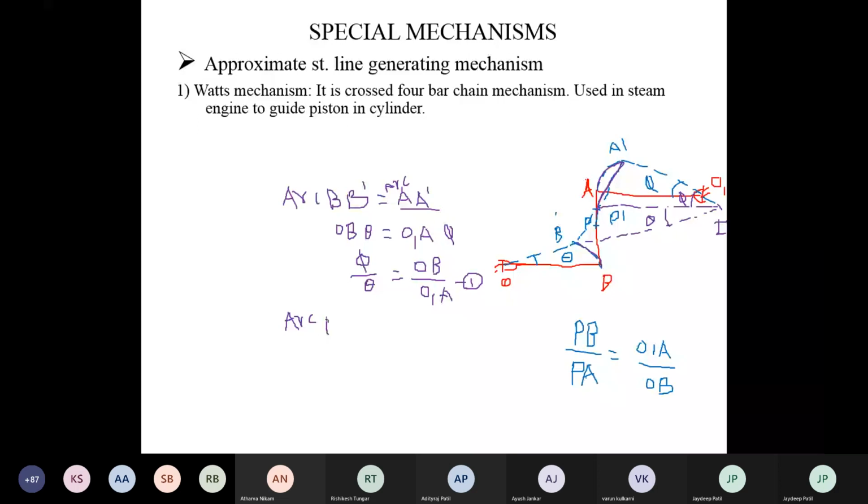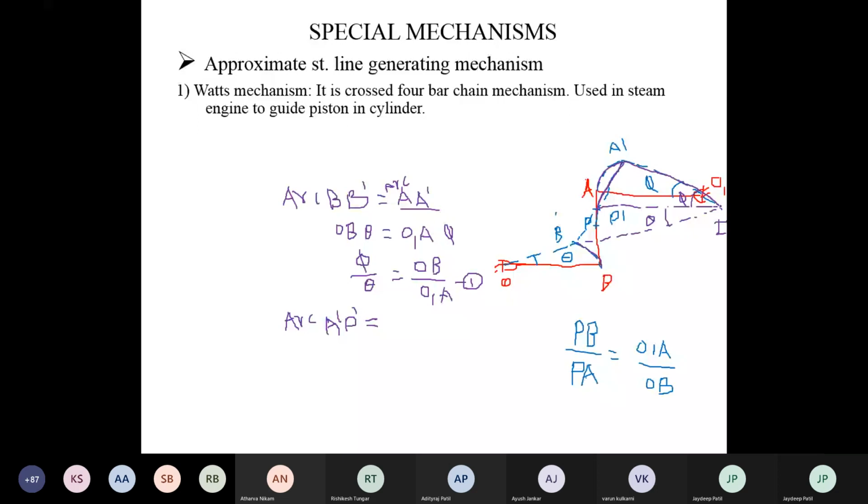Tell me the equation. Again same arc निकालना है. Arc A dash P dash is equal to, you will get here the triangle A dash I P dash. Correct? You will get this triangle here. Is it right?